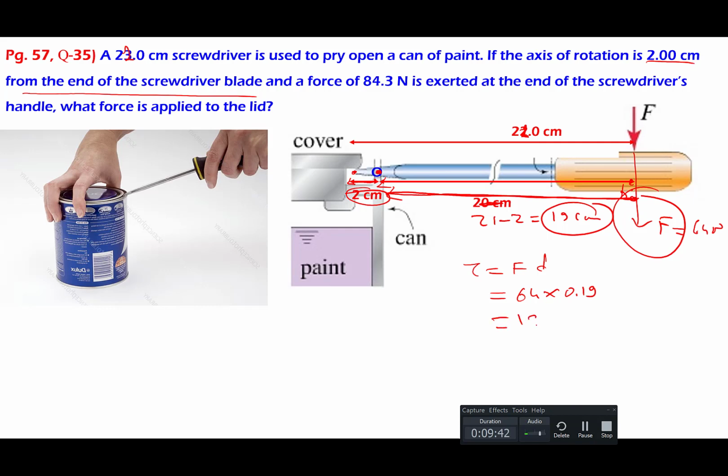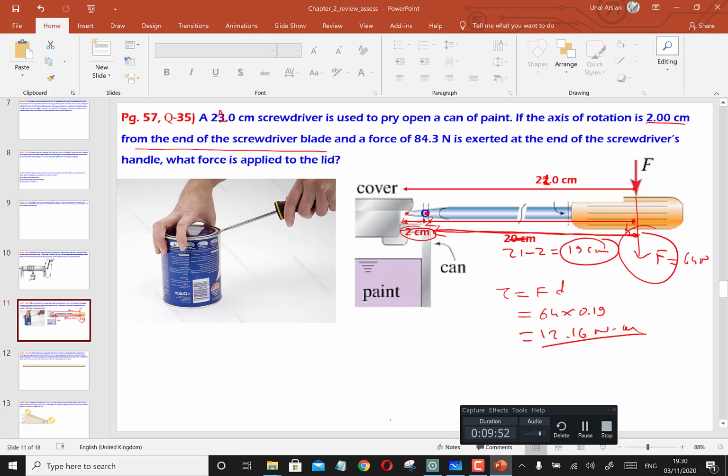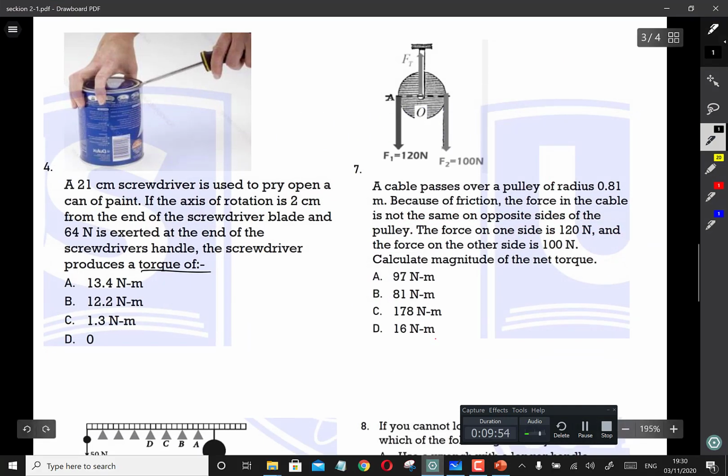It becomes 12.16 Newton meter. So then let's check the choices in this problem. 12.16, which is 12.2. B is the correct answer.